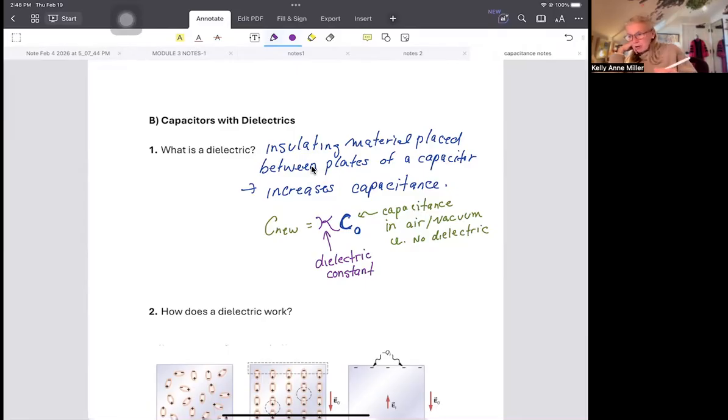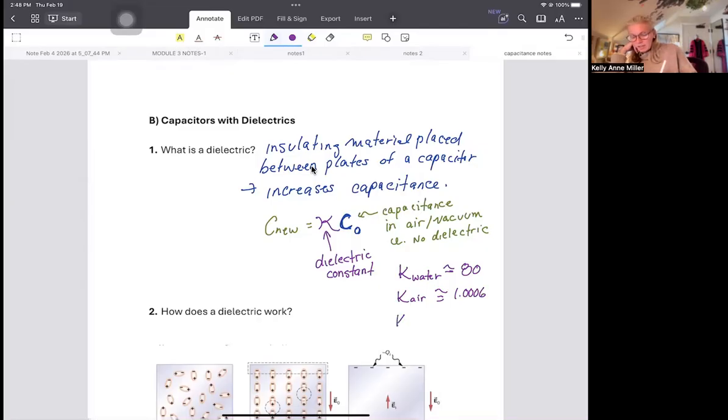For example, the dielectric constant of water is about 80, okay, which is pretty high. The dielectric constant of air, or a vacuum, is basically one. It's 1.0006.